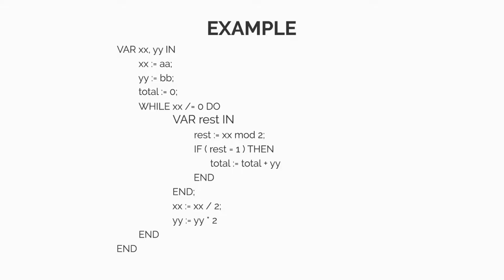We declare a variable called rest and assign to it the value of xx mod 2. So if rest is 1, then we have an odd number. So we add to total the value of yy. Finally, in the loop, we divide xx by 2 and we multiply yy by 2.